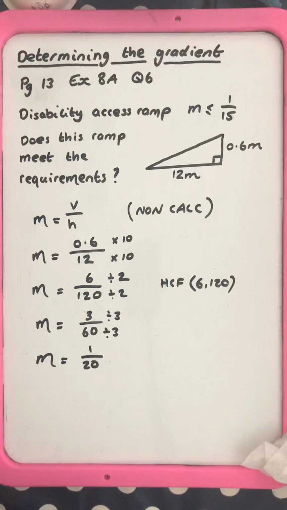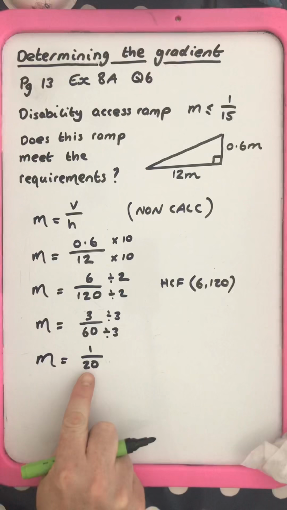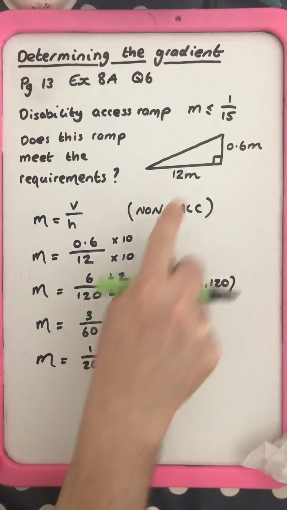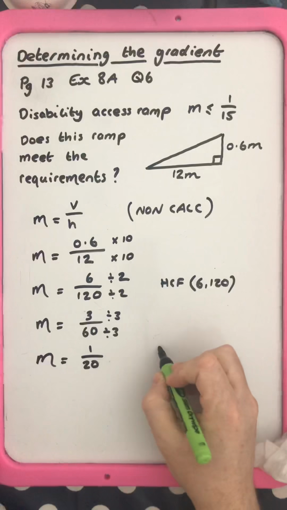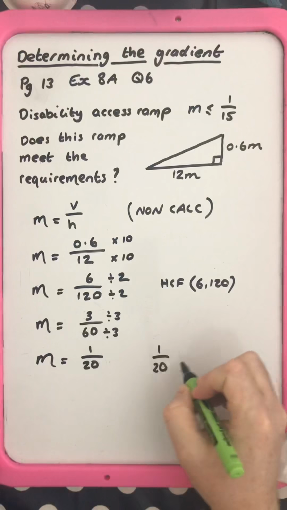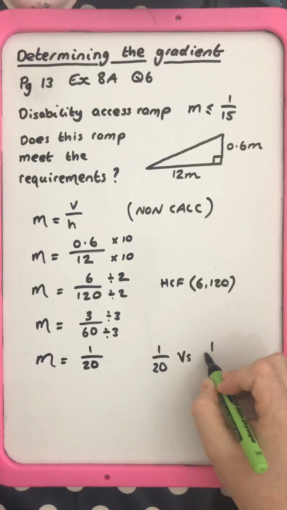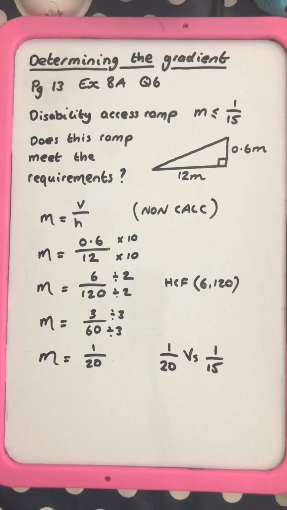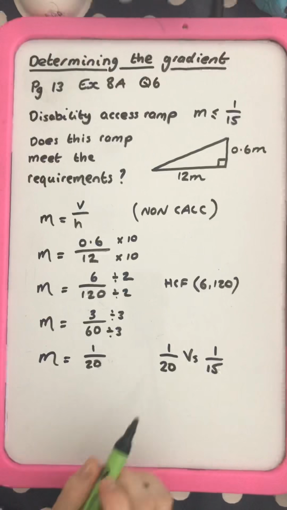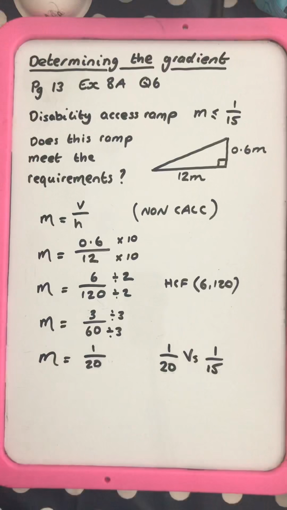Now you have to make a comparison between this here versus this here. So 1 into 20 equal parts versus 1 into 15 equal parts. So now you're looking for a strategy to compare these two fractions.